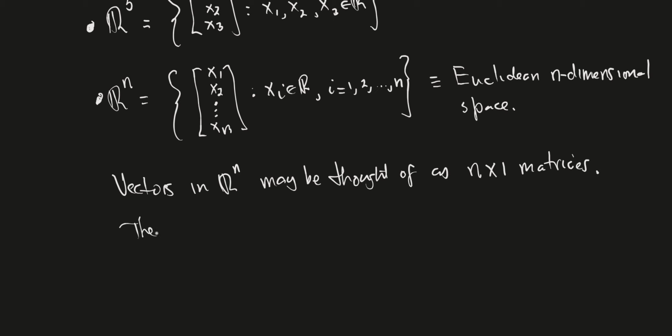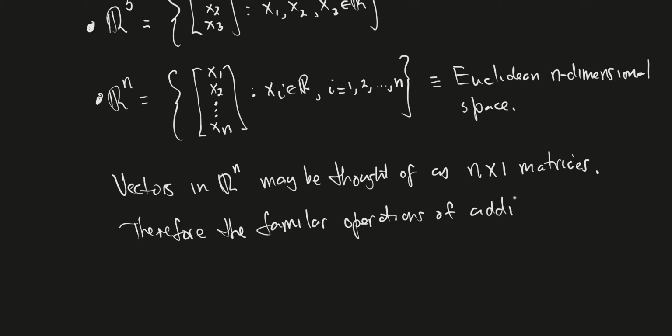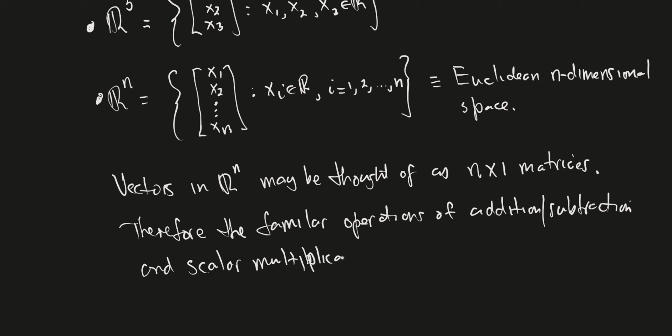Therefore, the familiar operations of addition, subtraction, and scalar multiplication are possible with these vectors in Rn, right?